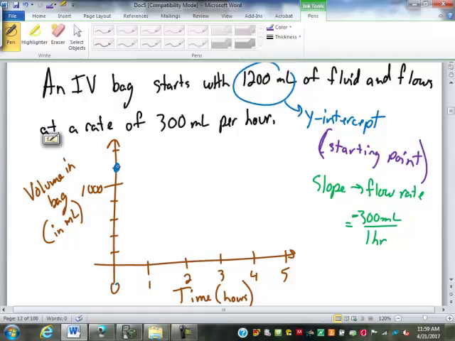So from this point, we go down 300. That's 200. So 300 would be right here. And over 1 hour, right there. We go down 300 again and over an hour. Down 300 again, over an hour. That should be a line if I'd done my graph straight.